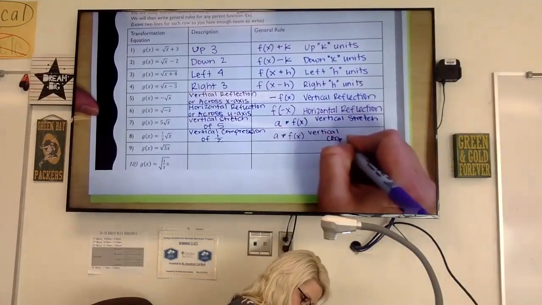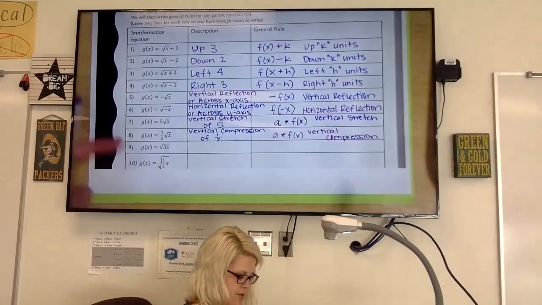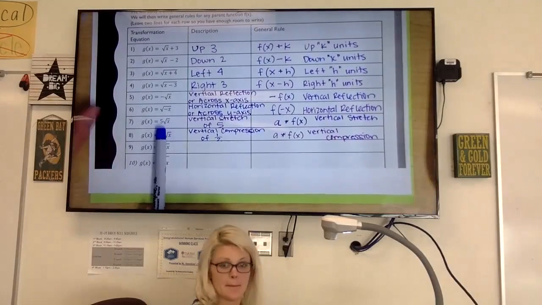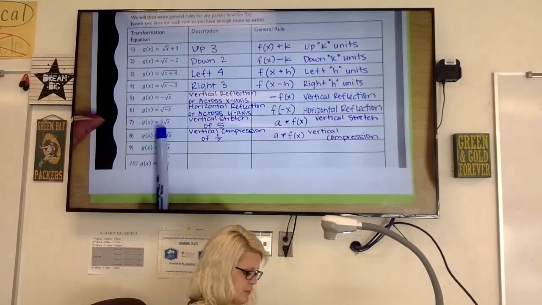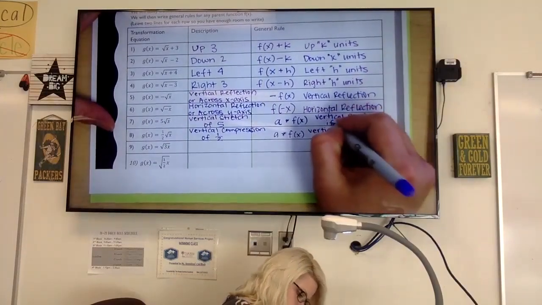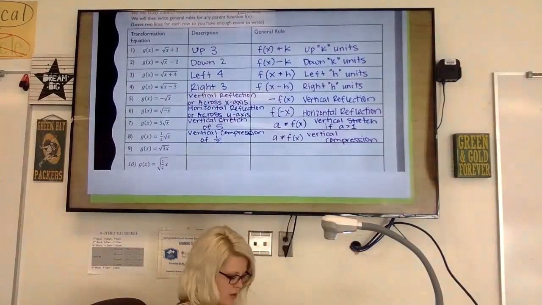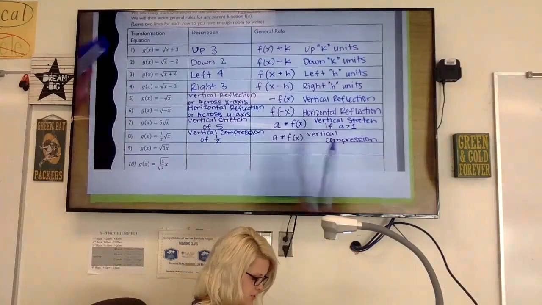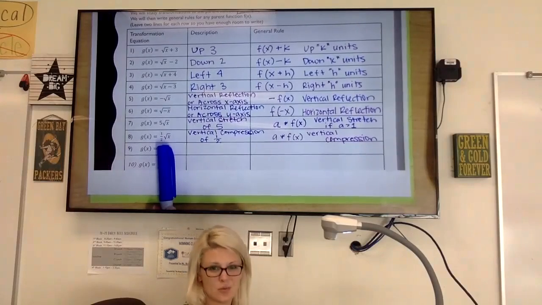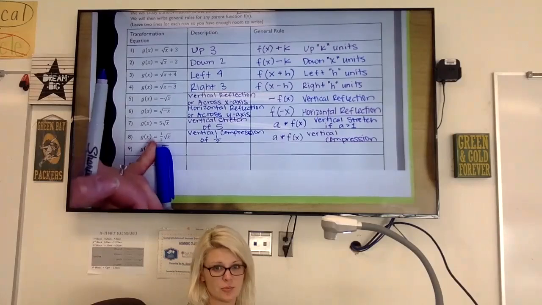But let's talk, how can I distinguish between the two, stretch versus compression? If I'm multiplying everything 5 times, that's going to make it a lot bigger. So if this number here in front is greater than 1, so if a is greater than 1, it is going to be a stretch. And then for the compression, if that number in front, now the shortcut way is to say less than 1, but technically it has to be positive for a stretch or compression.